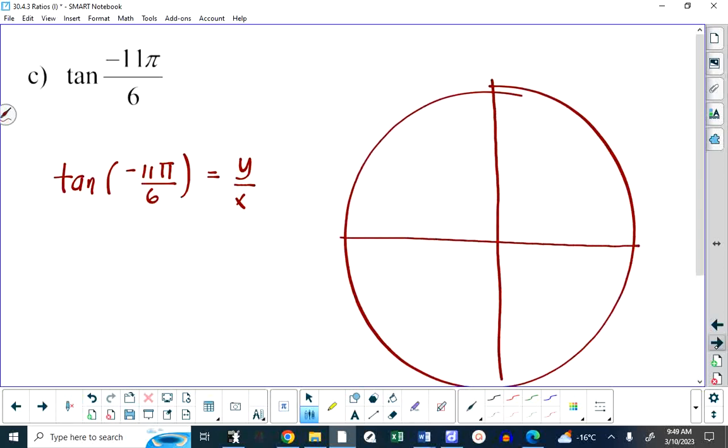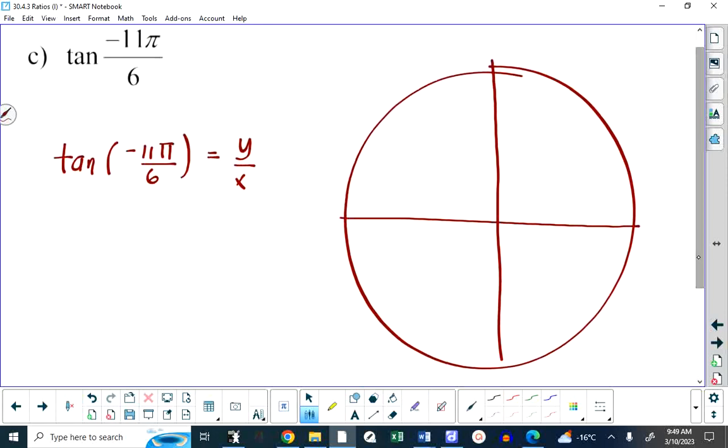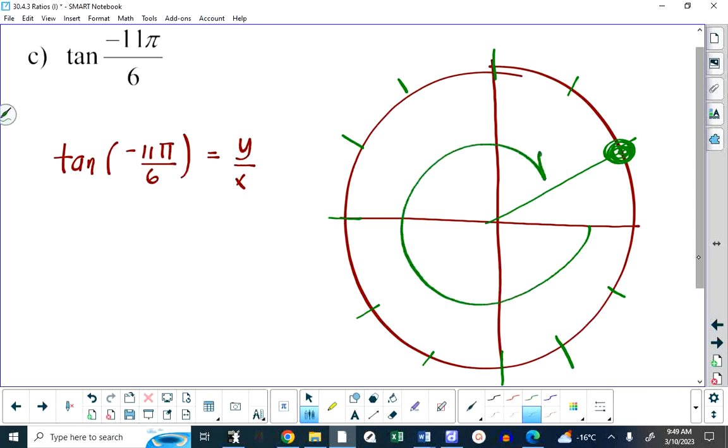Pi over 6 is a 30-degree chunk. So negative 1, negative 2, negative 3, negative 4, negative 5, negative 6, negative 7, negative 8, negative 9, negative 10, negative 11. Right here. That is theta. So what are the coordinates at that point?